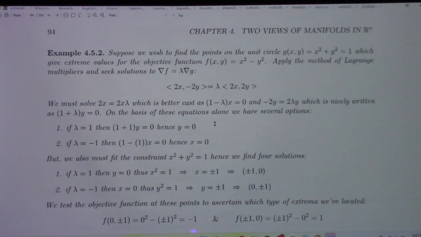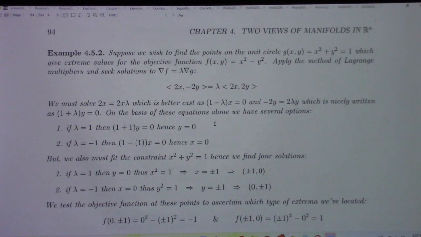In fact, this is the honest-to-goodness global minimum of f on the unit circle. It's attained in two places. And these are the honest-to-goodness global maximum of the objective function x squared minus y squared, which are obtained on the unit circle. What's the difference between the unit circle of this example and the hyperbola of the last example? They're very different constraints.